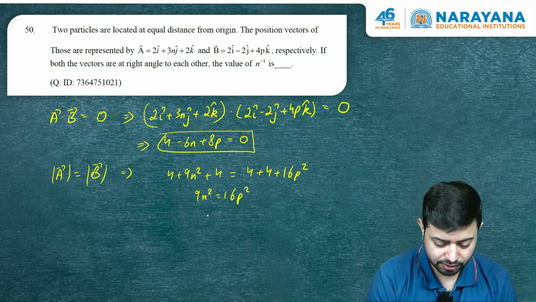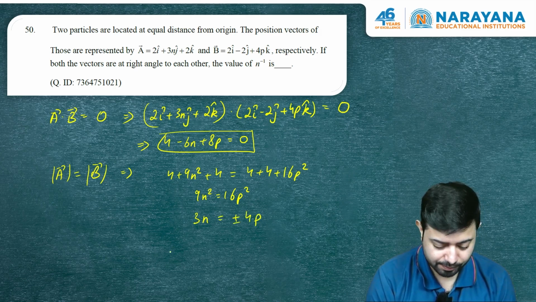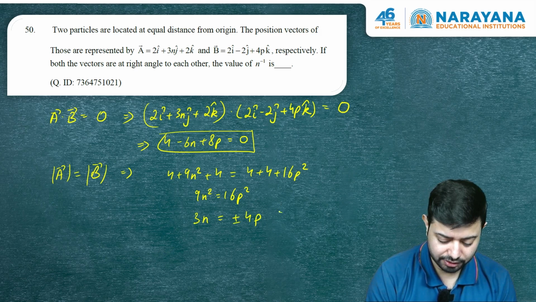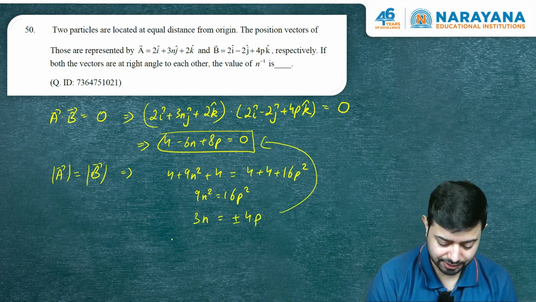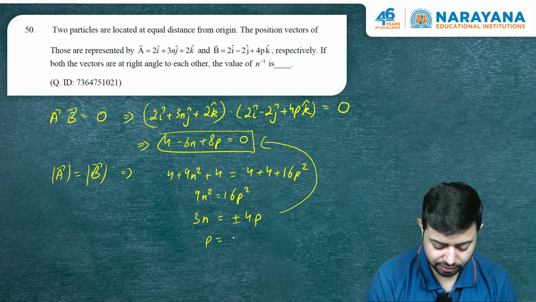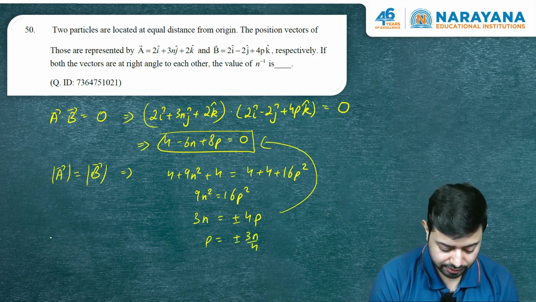So what is the value of n? It is 3n, which can be written as plus minus 4p over here. Now if you substitute over here value of p, you will end up with the value of n then. So what is p? P is plus minus 3n by 4. Let us put it there.